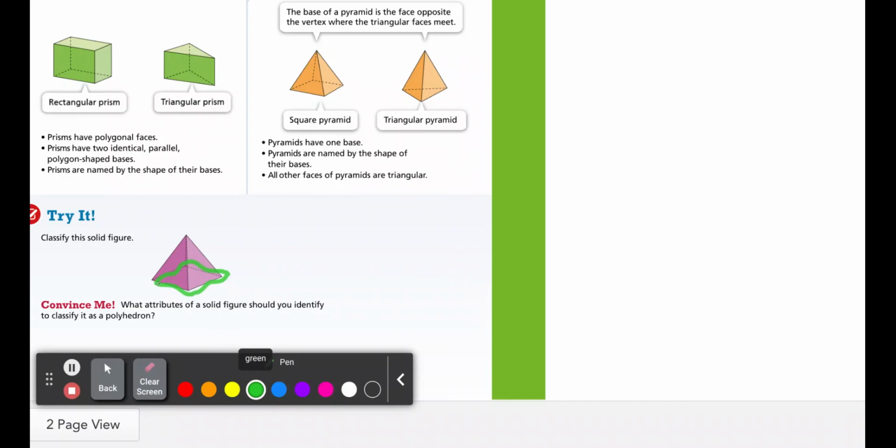It is a square. 1, 2, 3, 4. A four-sided base. Now, does this have only one base, or does it have two identical parallel shaped bases? It only has one base, this green square, so that means it would be the square pyramid.